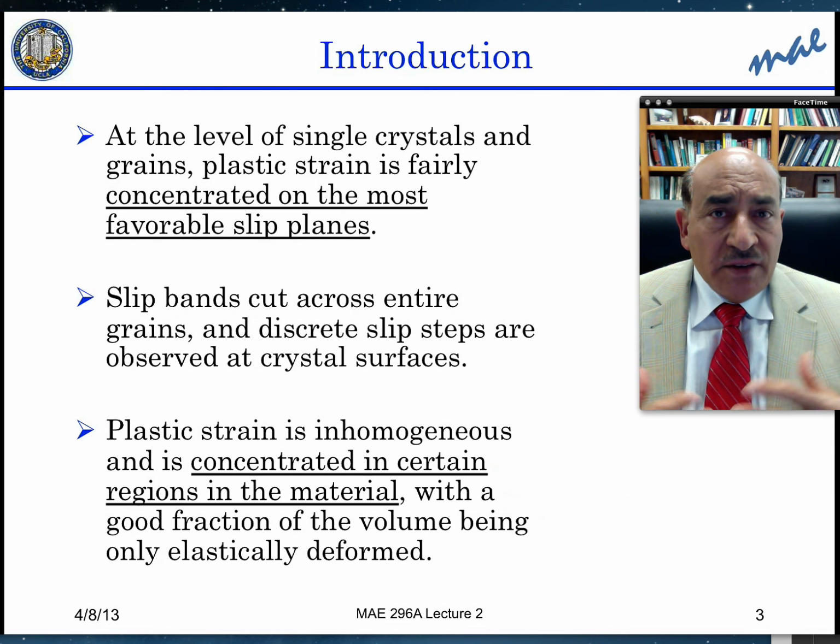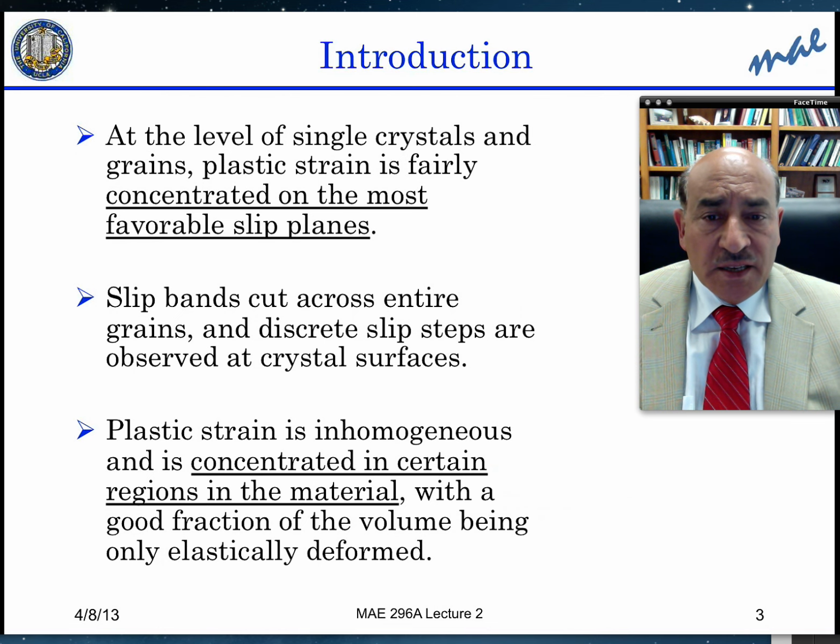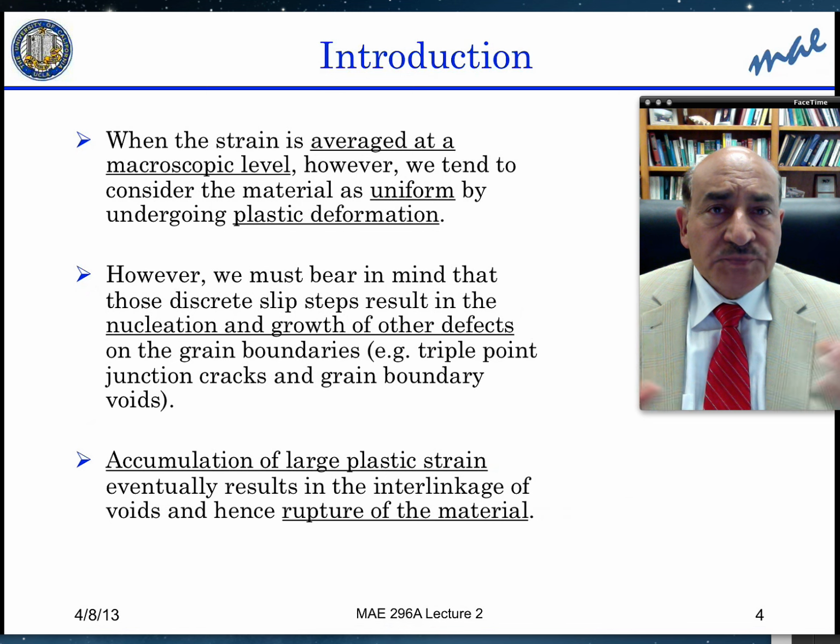However, for simplicity and for initiation of our analysis, we can consider the deformation as homogeneous. If we take a bar and apply a force on that bar, then we will average the plastic deformation over the entire volume of the bar.